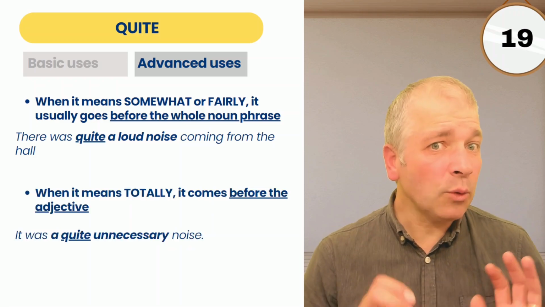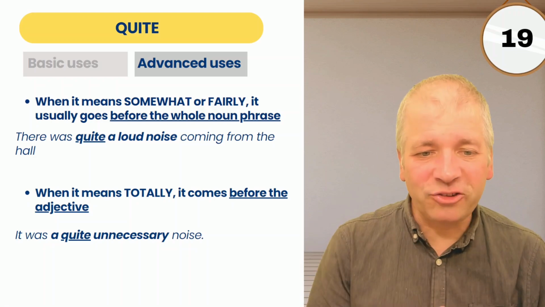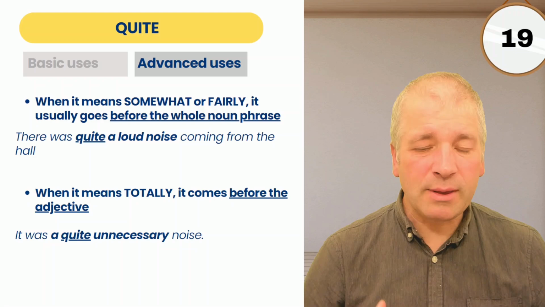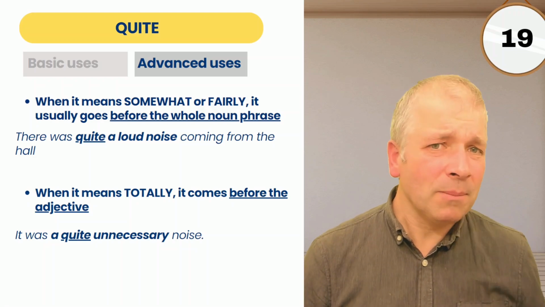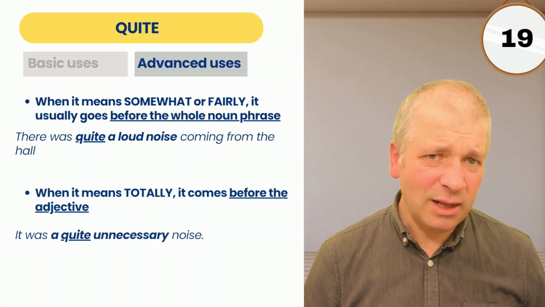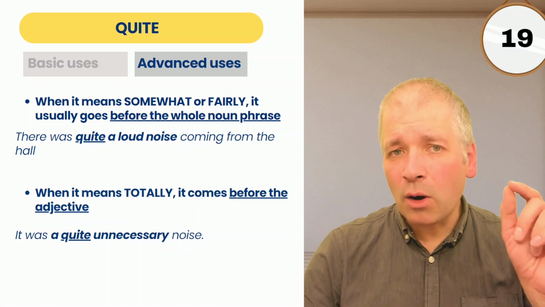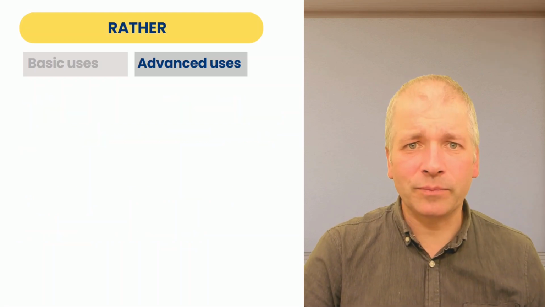However, quite can also mean totally when you place it before the adjective and after the article. So if I say it was a quite unnecessary noise, I no longer mean it's fairly unnecessary. I mean it's totally unnecessary. So the position of the word changes the meaning here.